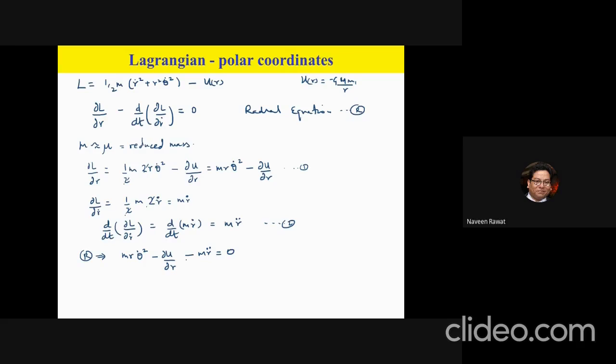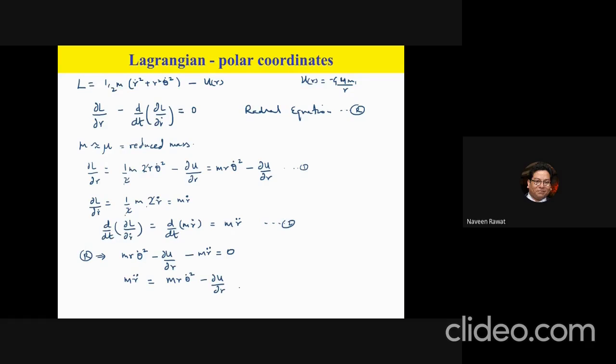Okay, and from here I can simplify it a little bit further. I can take mr double dot on one side and all the expressions on the other side. So I will get mr theta dot square minus du by dr. Okay, so that is my expression.